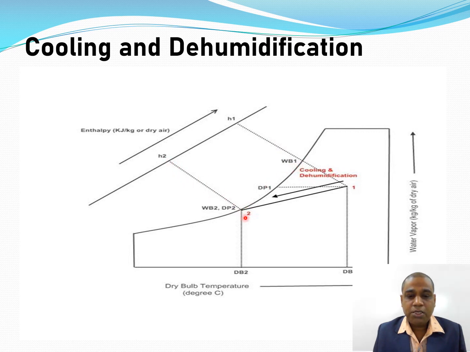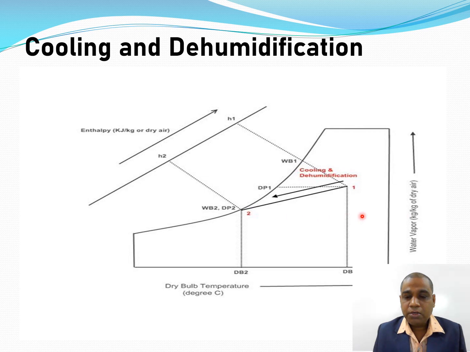and the wet bulb temperature, suppose here WB1 and here WB2, and this is the dew point temperature. Dew point temperature is that temperature of air when the moisture present in the air starts condensing. This one is read from the right side, the specific humidity line, that is W1, and W2.